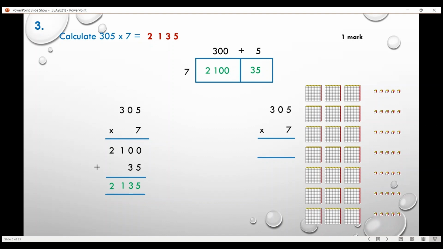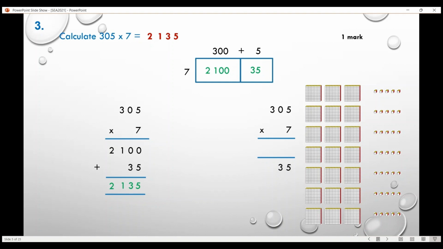And if we had to work that out, let's look at the units. We have 5 in each group, and we have 7 groups of those. So we can group them together, 5 and 5, right? That will give us 35.